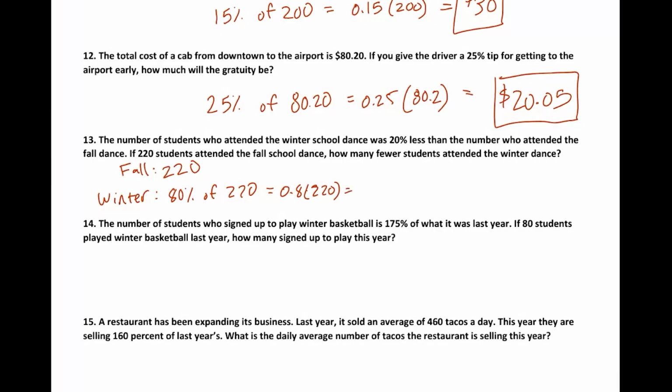So 0.8 times 220 looks like 176. So there's 176 students at the winter dance. And so we want to know the difference. How many fewer students? So the difference is 220 minus 176, which is 44 students. So I'll say 44 fewer students.